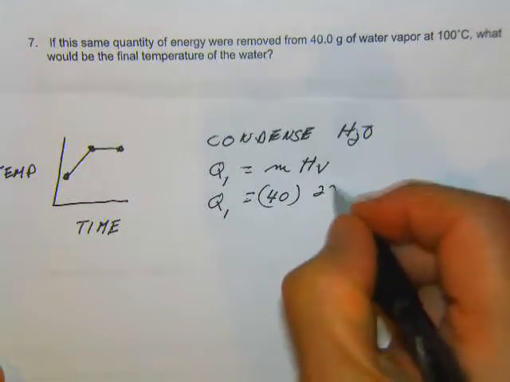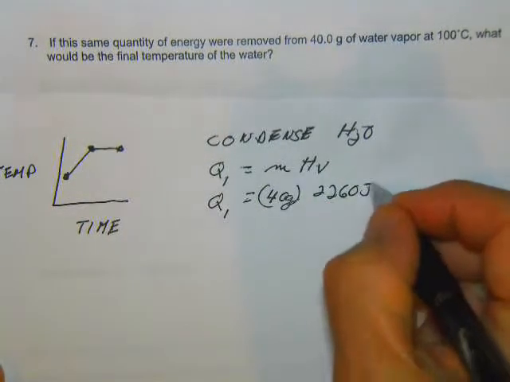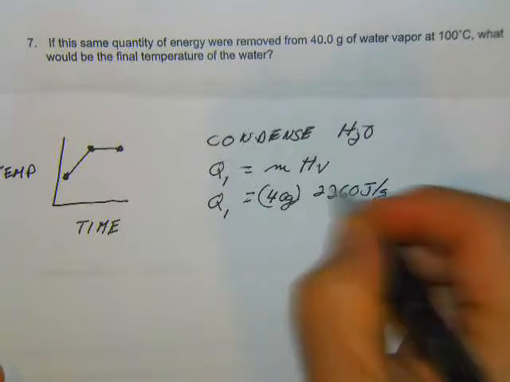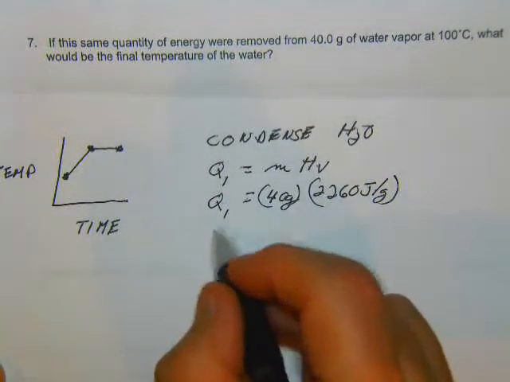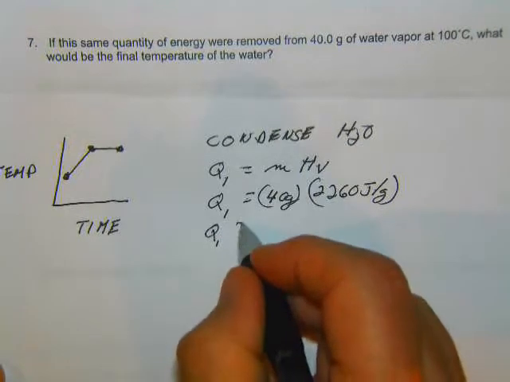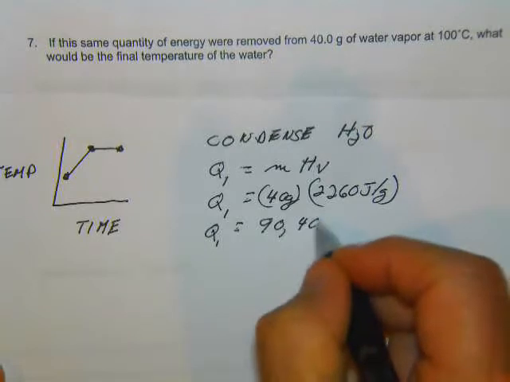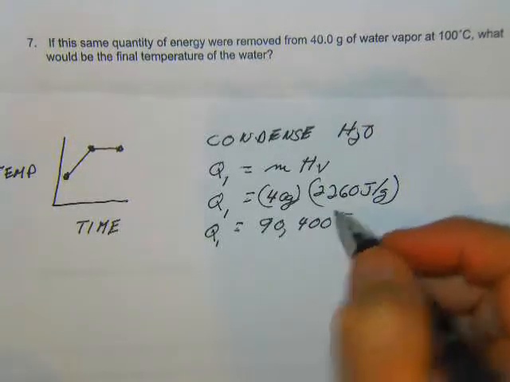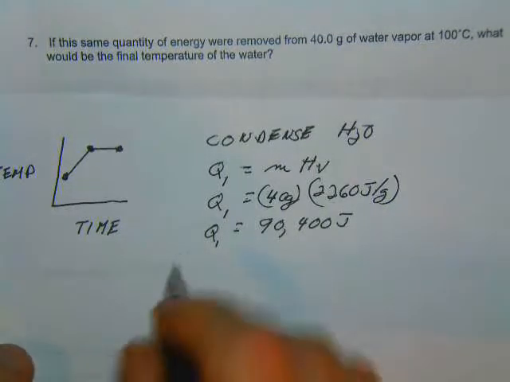That's 2260. Oops, forgot the grams. Joules per gram. So Q1 equals 90,400 joules.